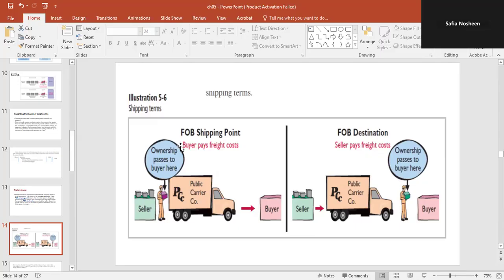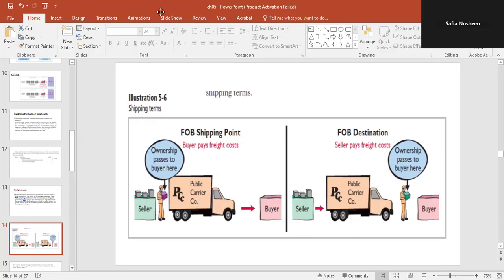This is about ownership of the asset. With FOB shipping point, the ownership is transferred to the buyer at the shipping point, so the owner, the buyer, will make the payment. Whereas in the case of destination, the ownership passes to the buyer at the destination, and in between the ownership remains with the seller, so the seller is going to make the payment.